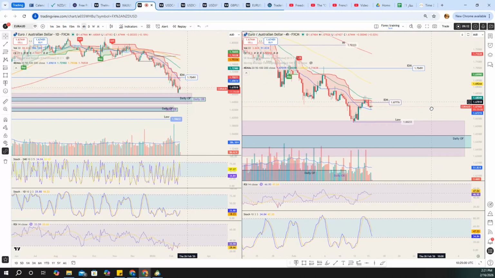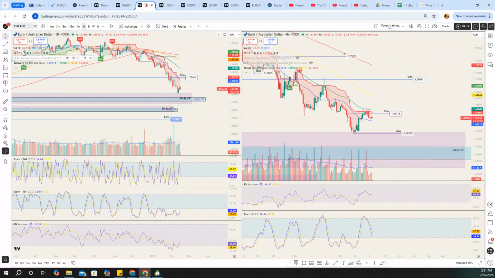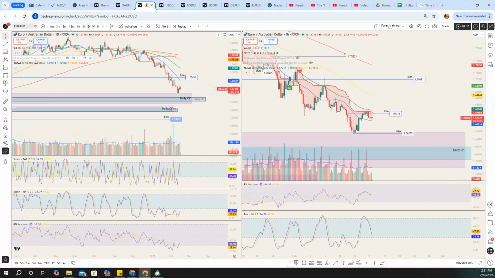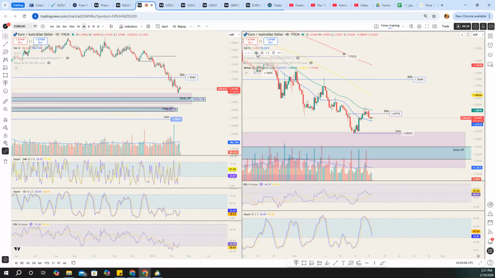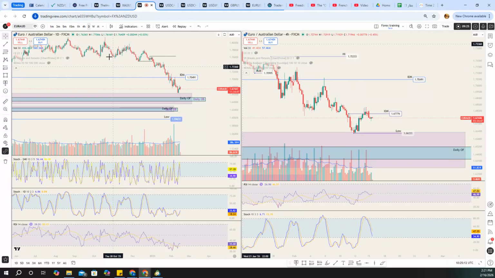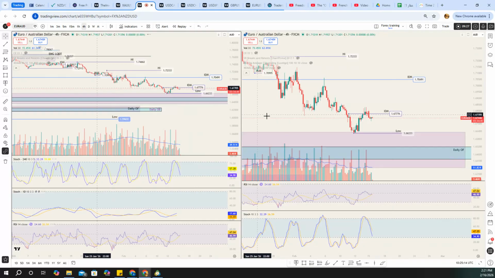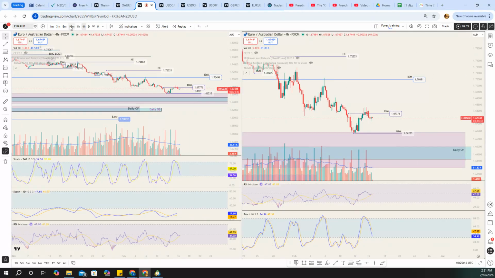Okay, so now after I finish the 4 hour and the daily, I move to the 15 minute and see the picture there. So what I do, I turn this into the 4 hour and this into the 15.